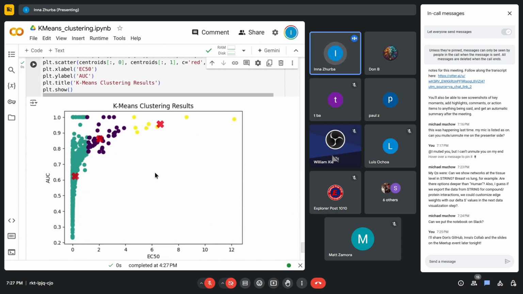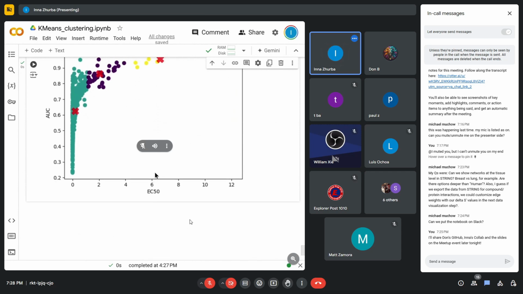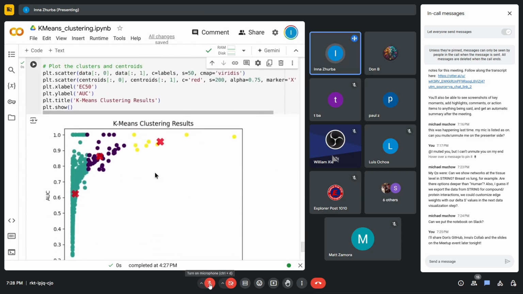And as I mentioned, this algorithm is sensitive to outliers. So by cleaning the data set or selecting the features we're more interested in, we can minimize this outlier variance. And if outliers are inevitable, we can try and look at other clustering algorithms that can help us with that. And yeah, I think that would be it.